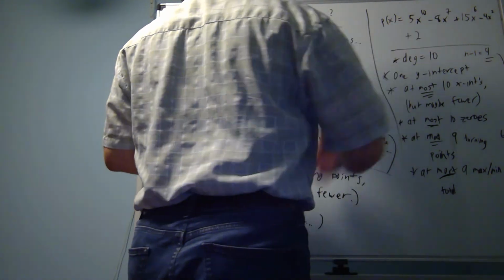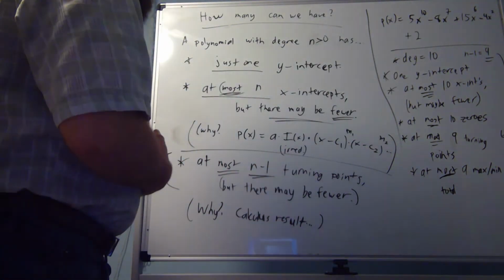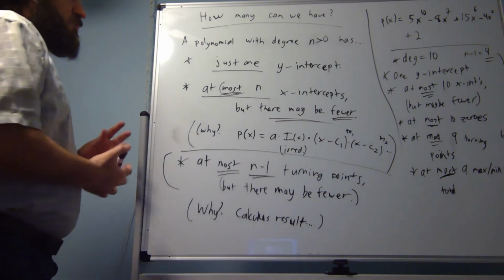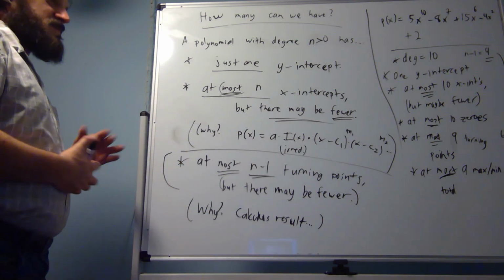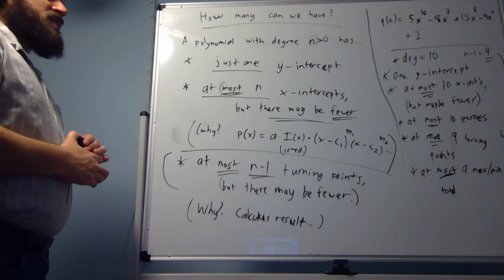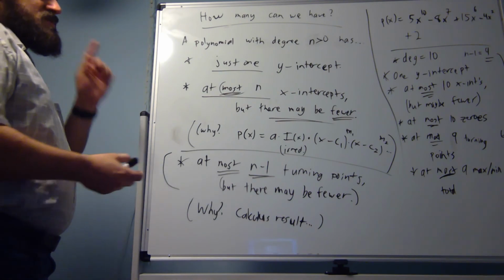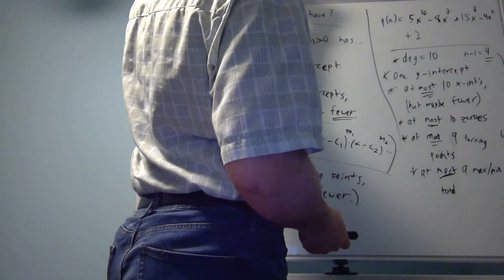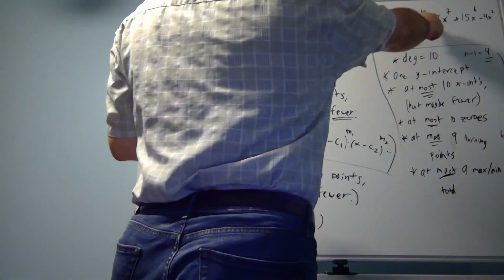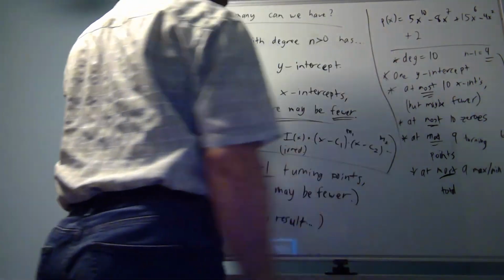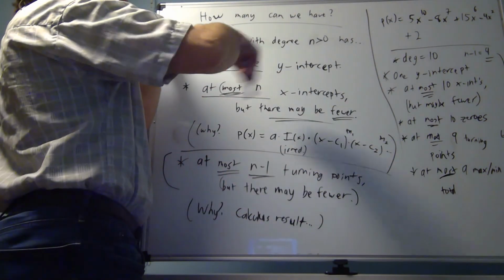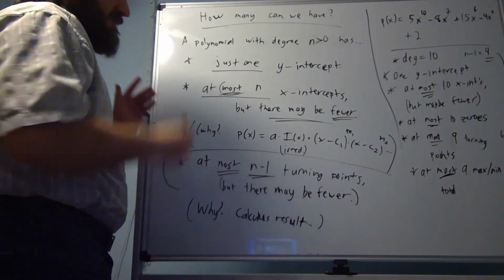You can ask the usual questions, because 4.1 and 4.2 are very related. They have some overlap. So what is this polynomial going to do? It's going to go up on the far left side. It's going to go up on the far right side, because it acts like an even power of x with a positive coefficient. But in the middle, there's a lot of chaos. Well, not too much chaos.